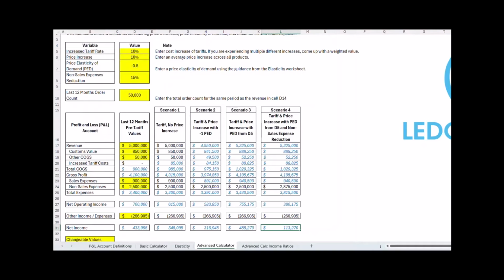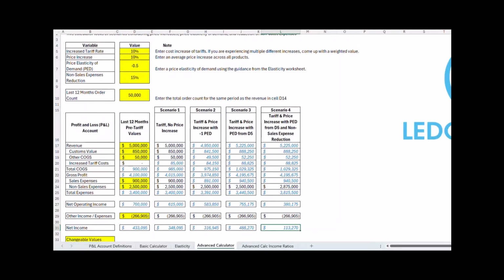One last thing I'd love for you to consider is the importance of distributing the financial impact of the tariffs. A few things that I would suggest you consider: maybe start by talking to your manufacturer and see if there's any way they can help with any of the pricing. You could also, and probably will have to, increase your price for your customers.